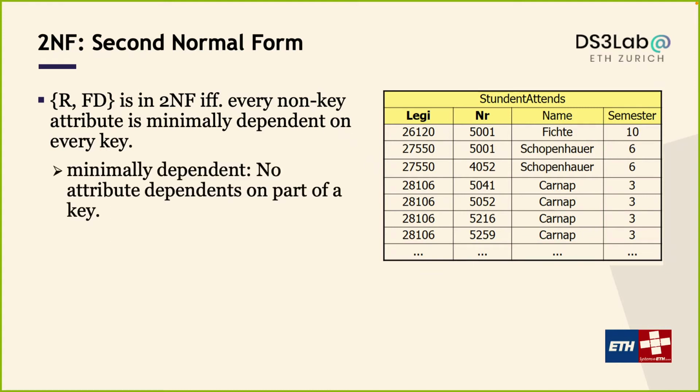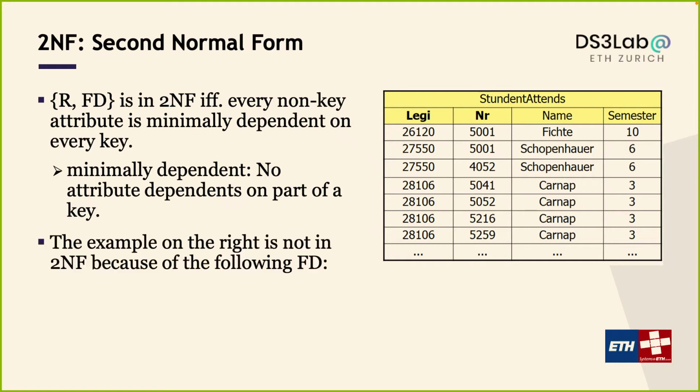What do we mean by minimally dependent? It means that you do not have any non-key attribute that's functionally dependent on part of a key. That is what we mean by that.